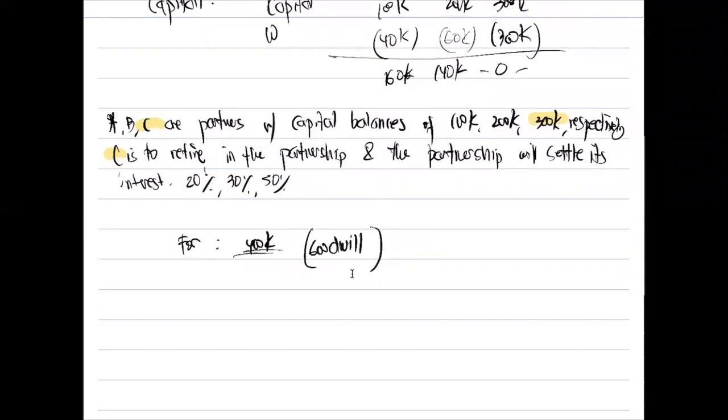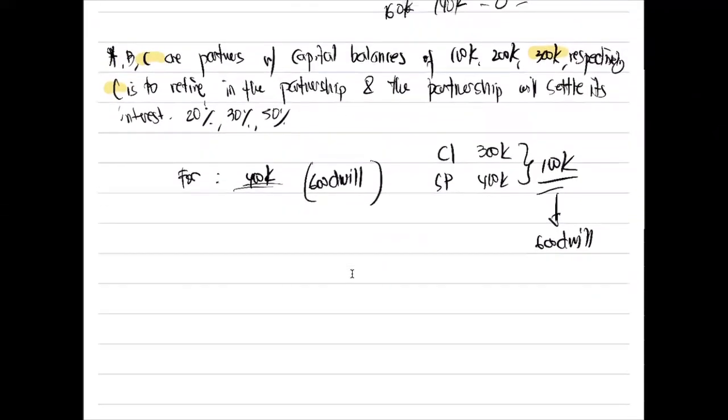Here, first you compare the capital interest and the settlement price. C's capital interest is 300,000. Settlement price is 400,000. So we have here 100,000. This should be the amount of goodwill.